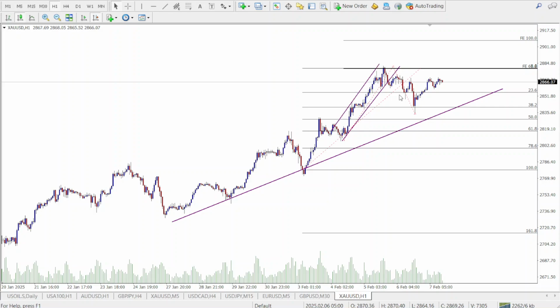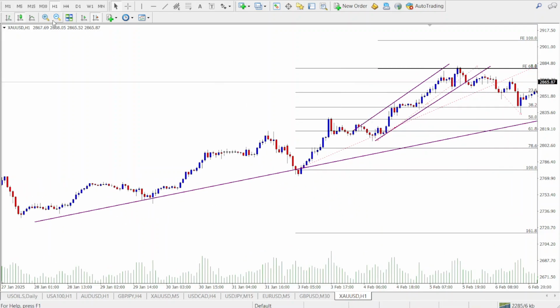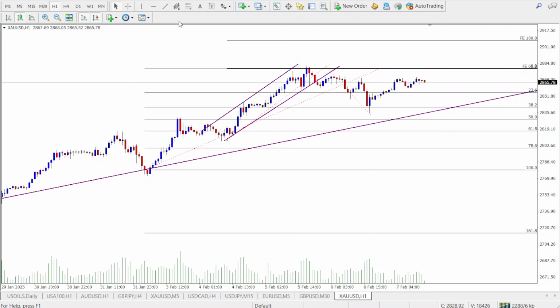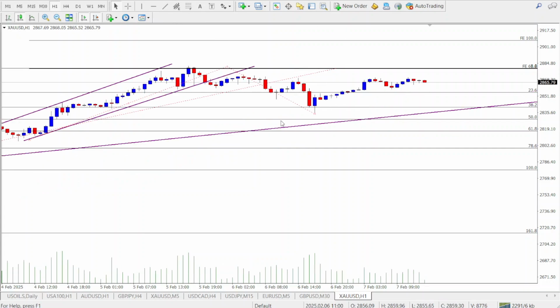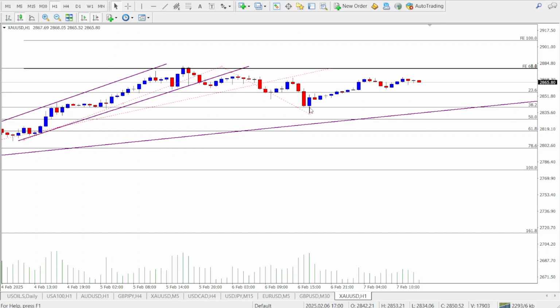And finally, always wait for confirmation. Price might touch a Fibonacci level and keep moving. Wait for candlestick confirmation before entering the trade. All right. For example, you can see here at this point, you will notice that the price got to the 38.2%. It kept on going down.